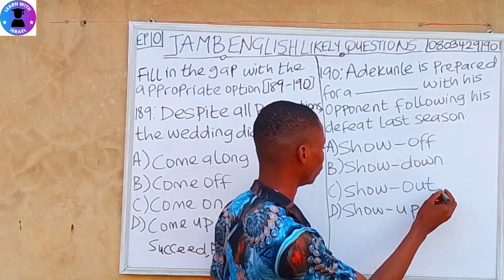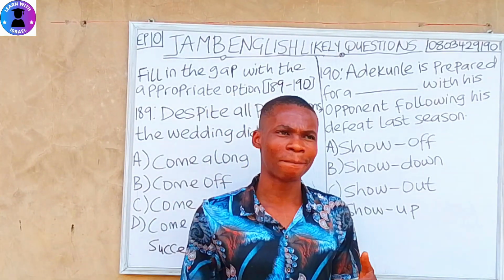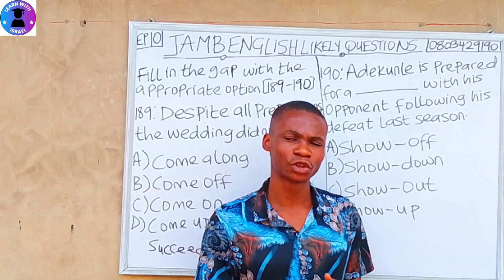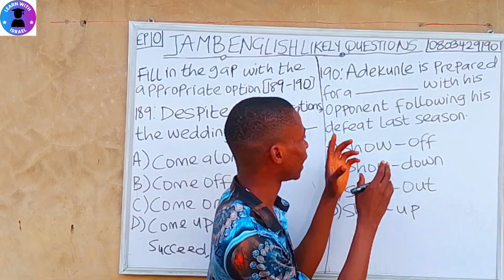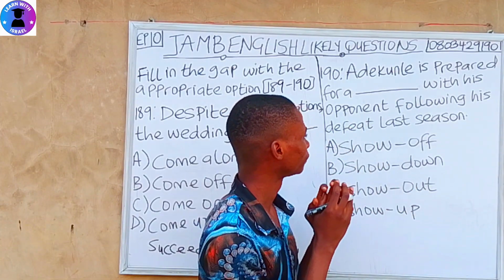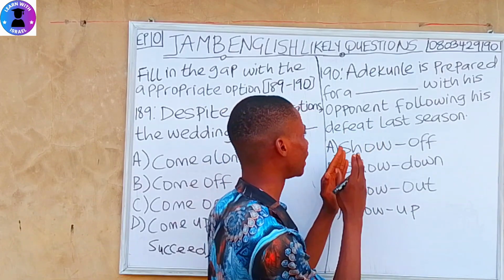While show out is also wrong. Show up is to appear for a particular event. But showdown is the correct answer in this kind of context. Adekunle is prepared for a dash with his opponent following his defeat last season.